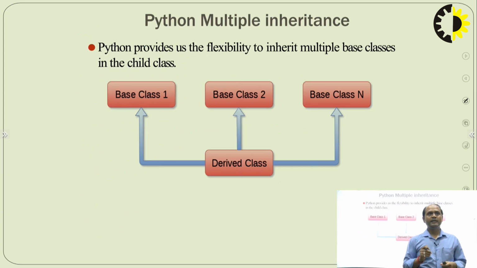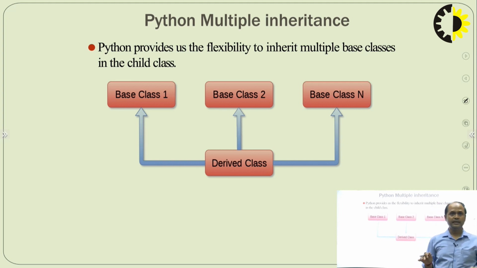What is multiple inheritance? When we talk about multiple inheritance, we can create a child class from more than one base class. In the previous example, we used one base class, inherited it into one child class, then created a child 2 class, and after that child 3, child 4, up to n.